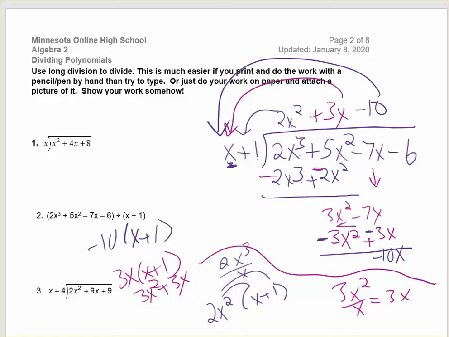That one's a little easier to do in our head as well. Oh, I forgot to bring down the minus 6. Minus 6. Okay, so we have negative 10x minus 10. And then we have to subtract. So this becomes a positive. When we subtract a negative, we get a positive. And this becomes a positive.